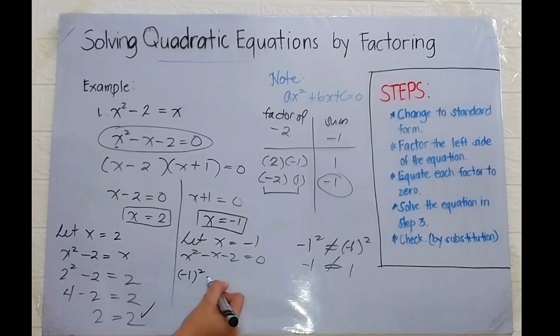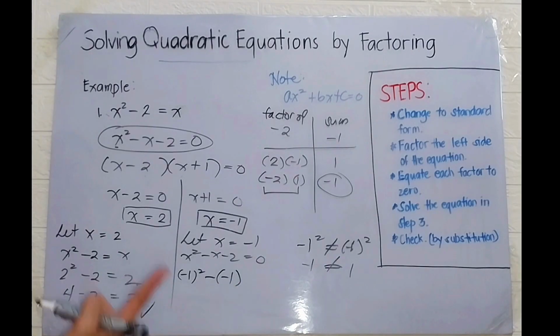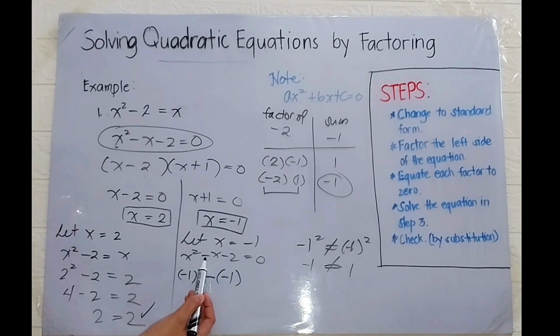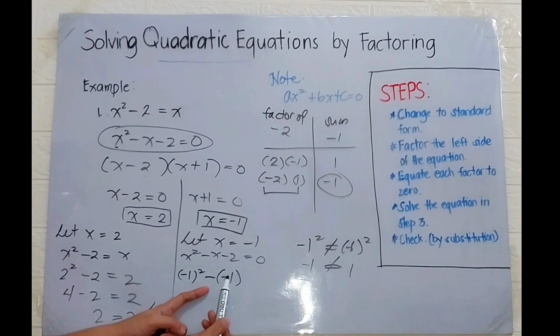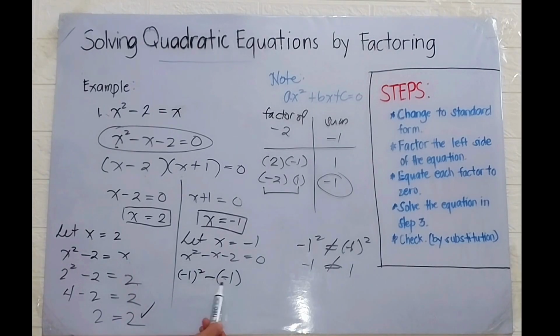And then negative x is negative 1. So again, put parentheses. Why? The negative here is like an operation on the x, okay? But since your x is also negative, they are different. The negative here is for the 1 and the negative here is for the value of x, okay? Minus 2 is equal to 0.